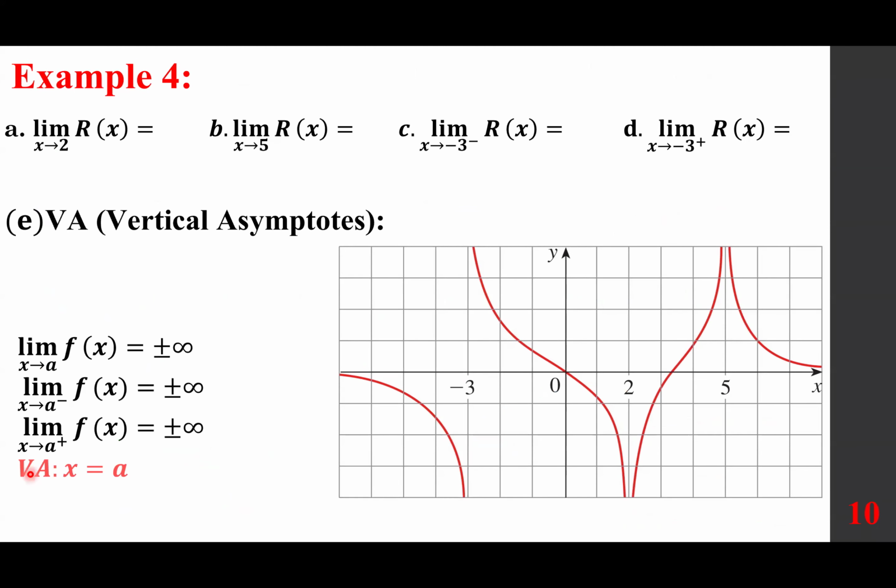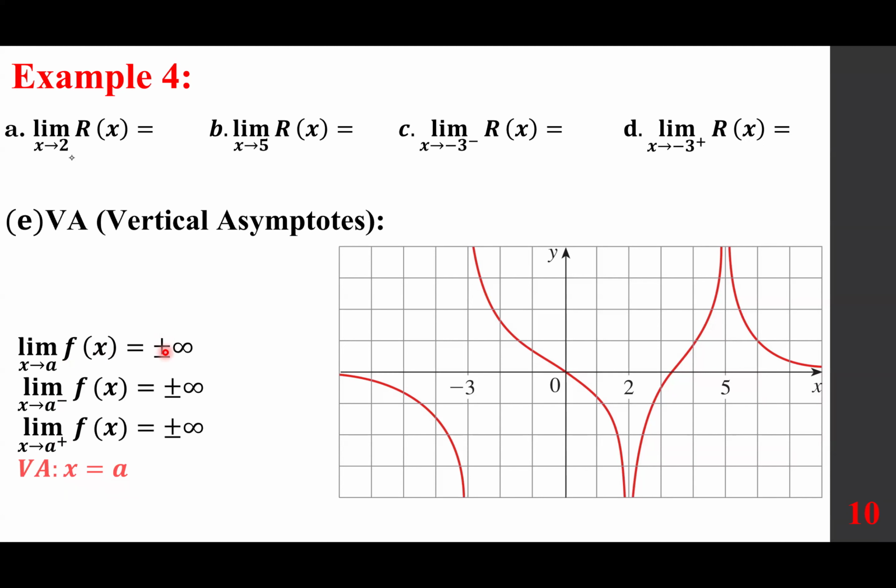Reminding you of vertical asymptotes: they have an equation of x equals a if the following definitions work. The limit of f of x as x approaches a, or a from the left, or a from the right, is positive or negative infinity. In those cases, we say the vertical asymptote has the equation x equals a.